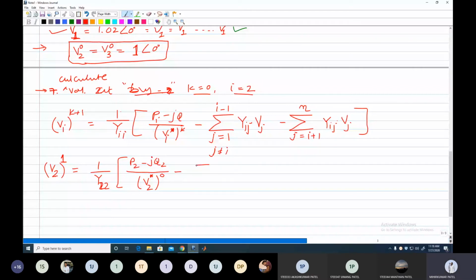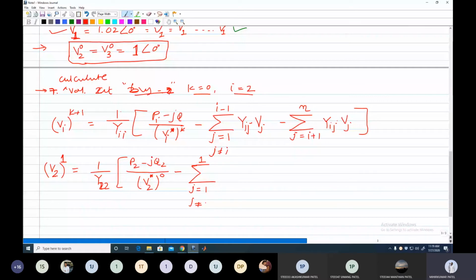J is equal to 1 to I minus 1. What is the value of I? It is 2. So it is 2 minus 1, meaning J is equal to 1 to 1. In the first case, J is equal to 1 to 1, J not equal to 2, because here I is equal to 2.